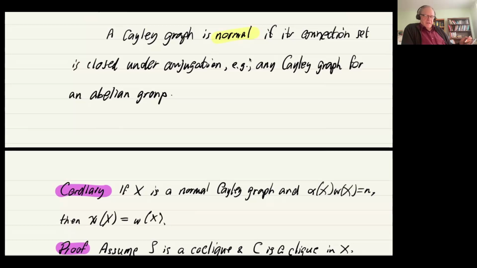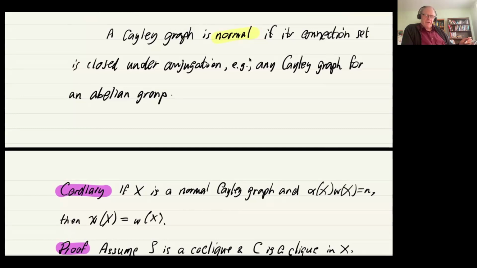Now, the simplest example is when the group is abelian, because then the conjugate of an element is itself. And so any Cayley graph for an abelian group is normal. And we're dealing with a Cayley graph for Z_2^n, so we're dealing with a normal Cayley graph.